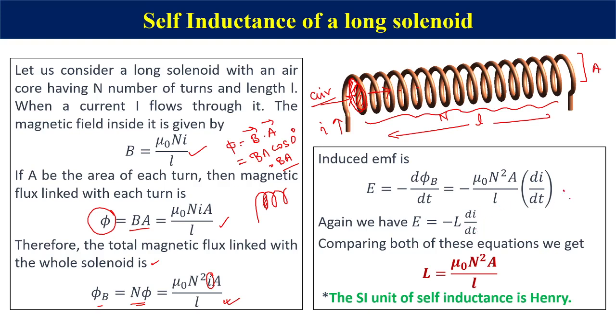So comparing these two equations, we get L = μ₀N²A/L. This is the expression for the self-inductance of a long solenoid. If you are given the area, the length and the number of turns of a solenoid, you can easily get the value of its self-inductance, which will remain constant for that particular solenoid.